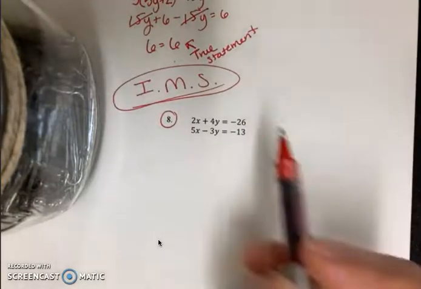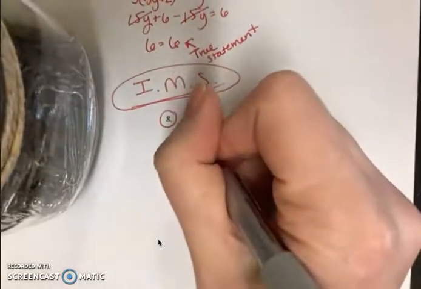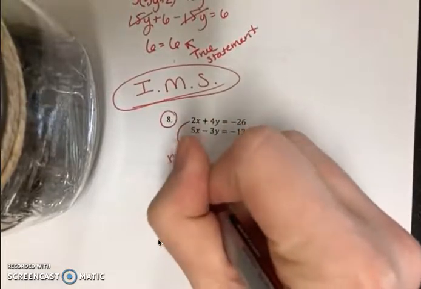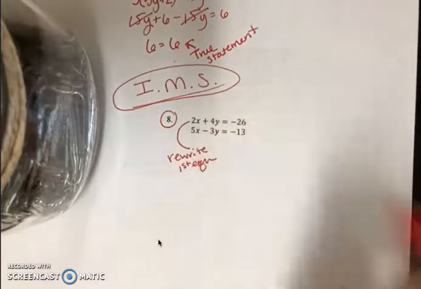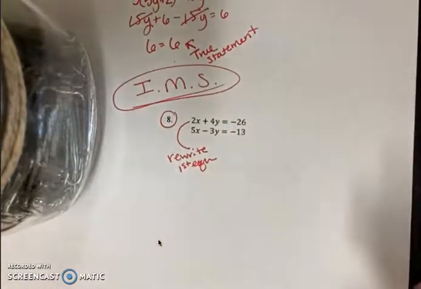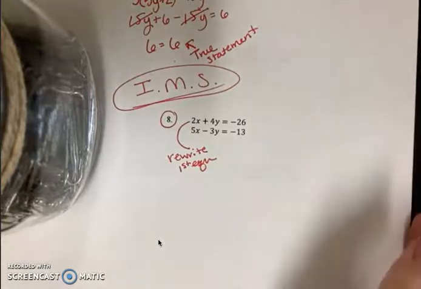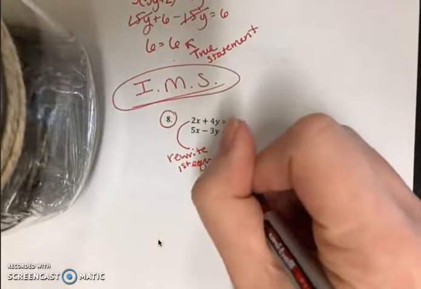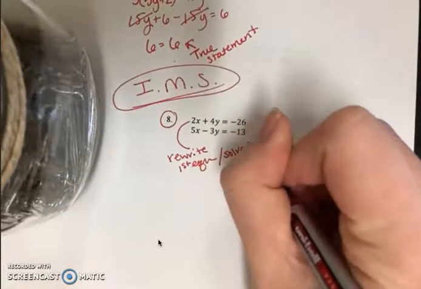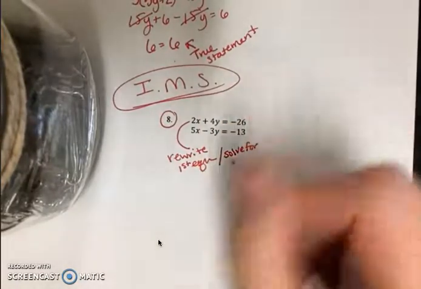I'm just going to rewrite the first equation. And I could solve for x or I could solve for y. It's completely up to you. It's personal preference. I'm going to go ahead and solve for x. It just looks easier.